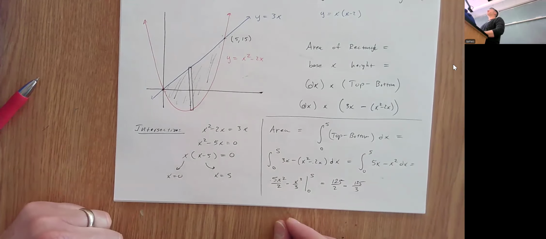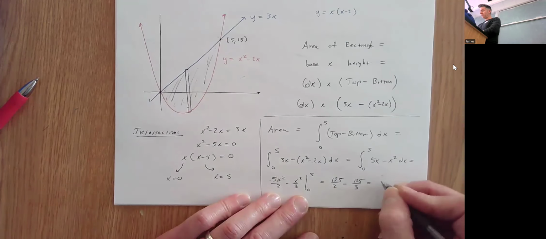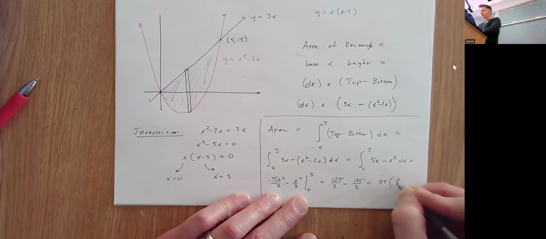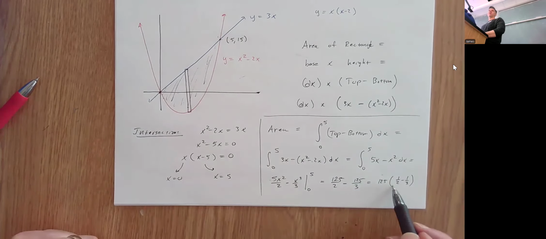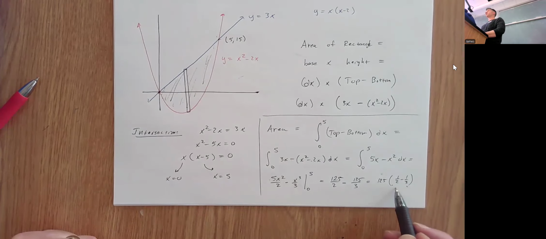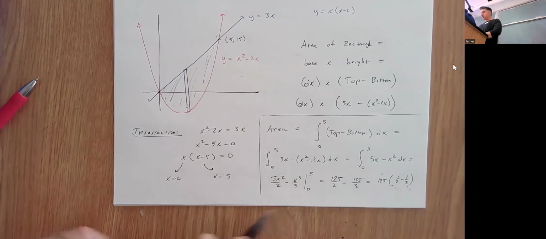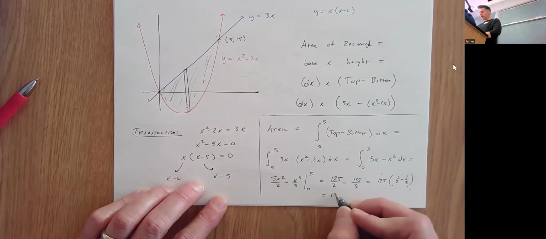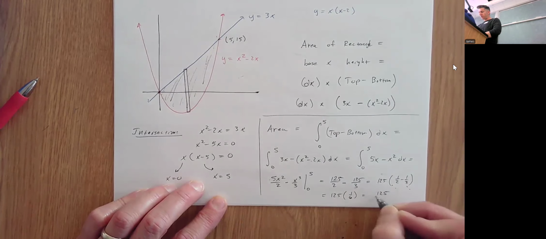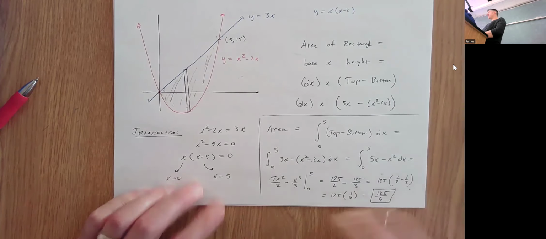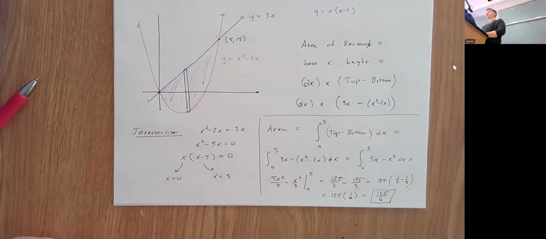So I'm going to factor out the 125. I could definitely write this as 125 times (1/2 minus 1/3). And then to me, that feels easier to manage. 1/2 is 3/6, 1/3 is 2/6, and 3/6 minus 2/6 is 1/6. So this ends up being 125 times 1/6, or 125 over 6. And that's how much area is between these two curves.